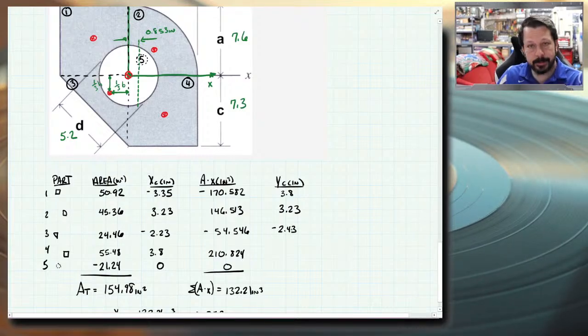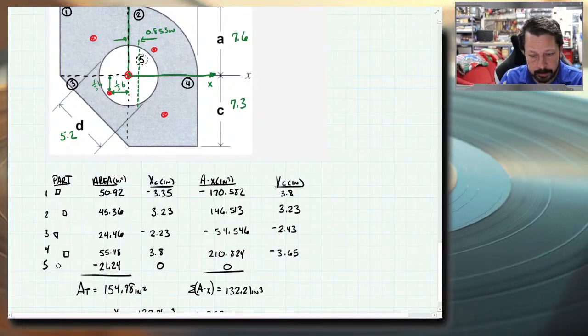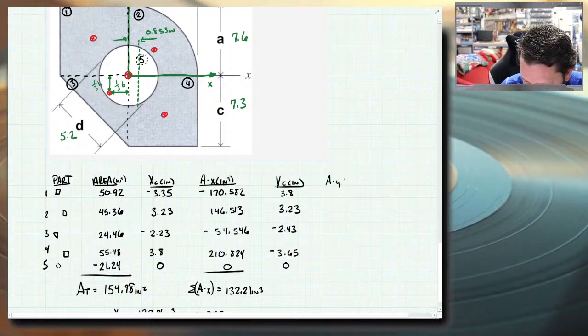Again, there's a bunch of 3's out here that I'm rounding off. The square, 7.3 divided by 2, gives me a negative 3.65. The hole in the middle is still in the middle, so it has 0 distance from the x-axis.